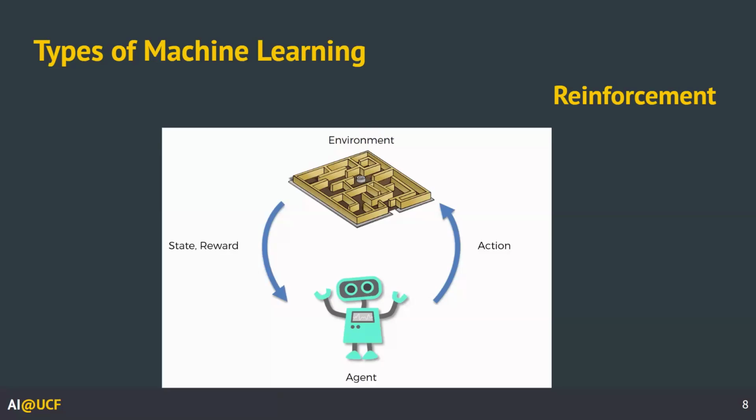Like how we learn, we keep trying to do something over and over again in that task. So those are the main types of machine learning. And tonight, we're going to be mainly covering supervised learning, and it's the easiest to understand and demonstrate, but unsupervised and reinforcement learning are still both very popular forms of machine learning as well.